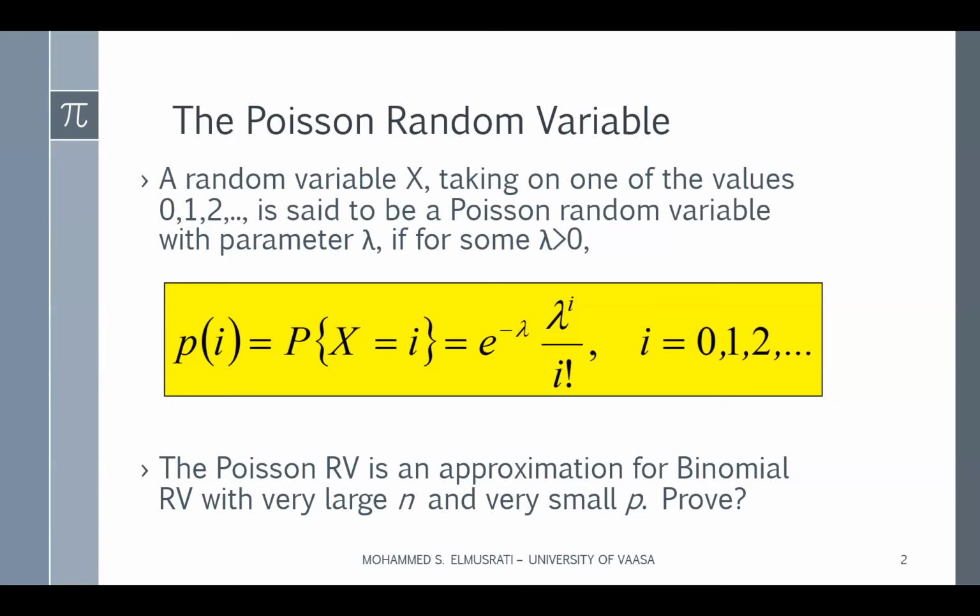So we use a random variable to map from event space to real number space.